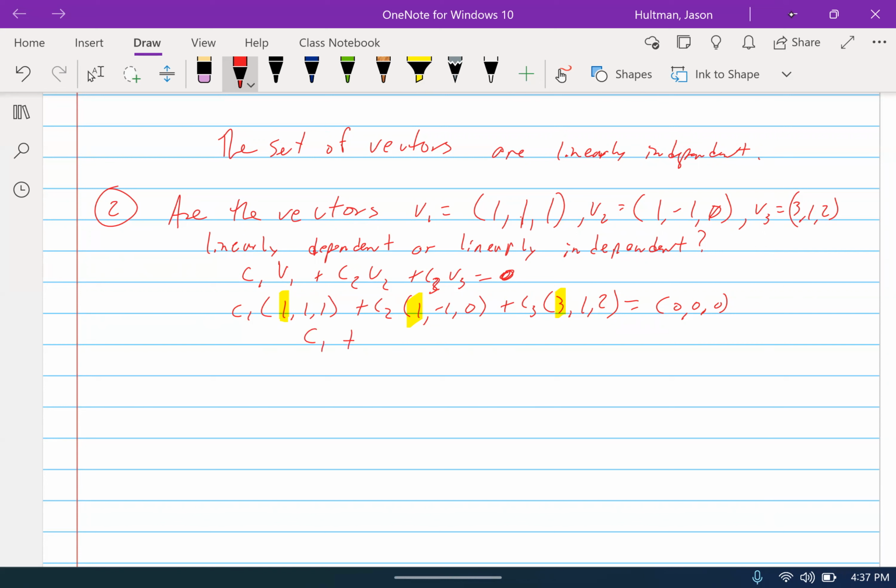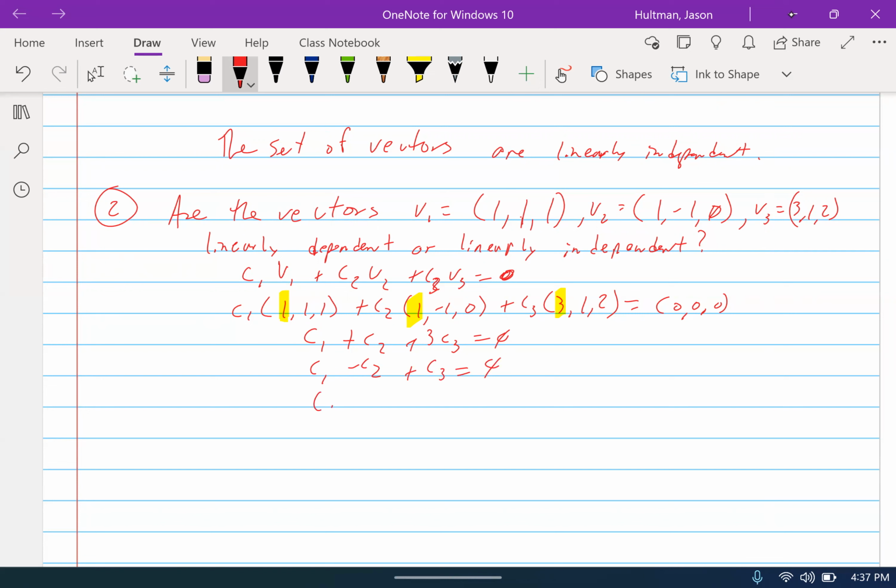So C1 plus C2 plus 3C3 is equal to 0. Okay, this is the middle component: C1 minus C2 plus C3 is equal to 0.